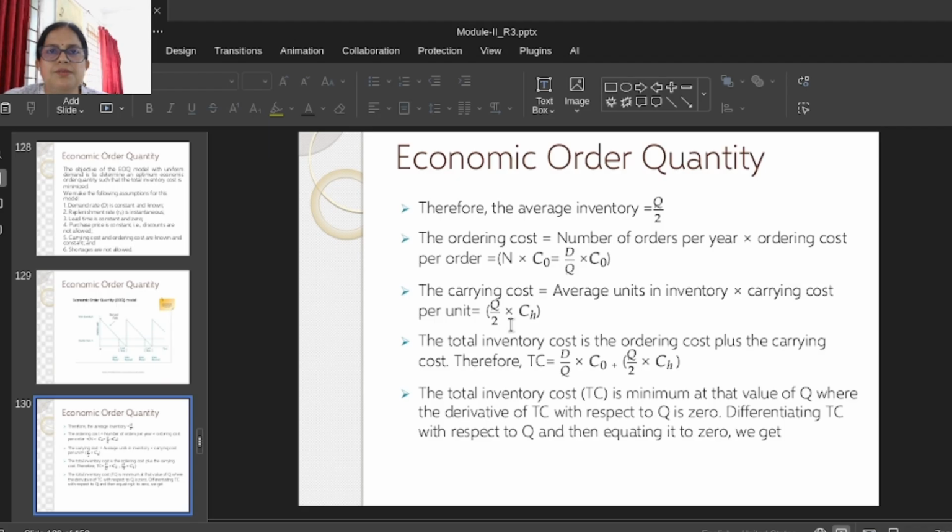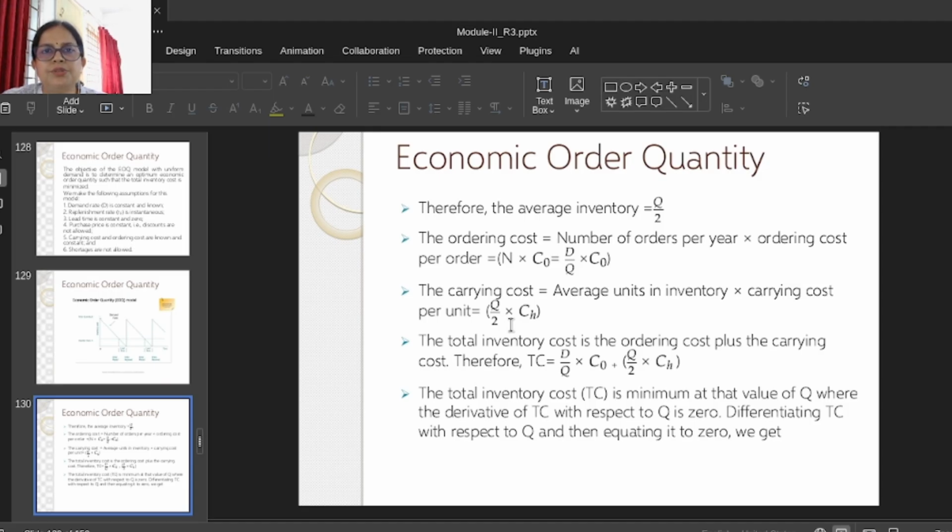So what is the number of orders? Number of orders equals 12,000 divided by 1,000, which equals 12. So N equals 12, meaning we are placing one order every month. Right?